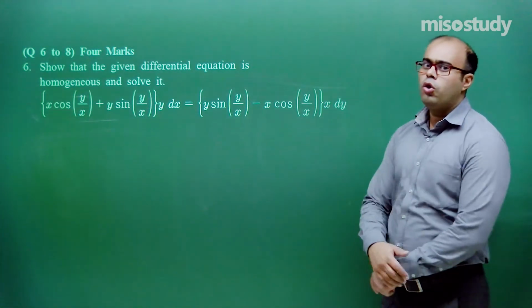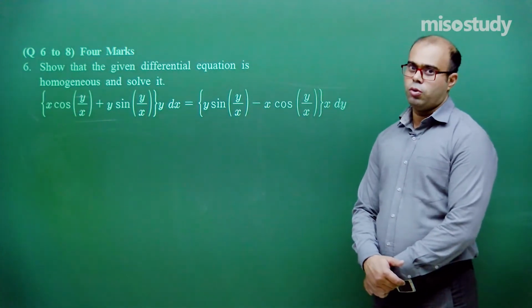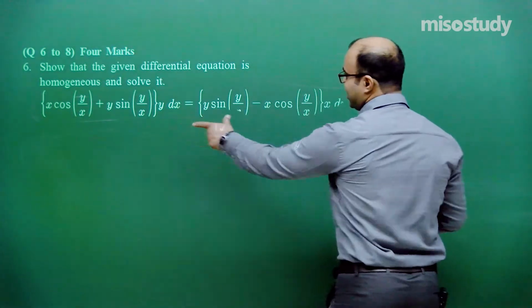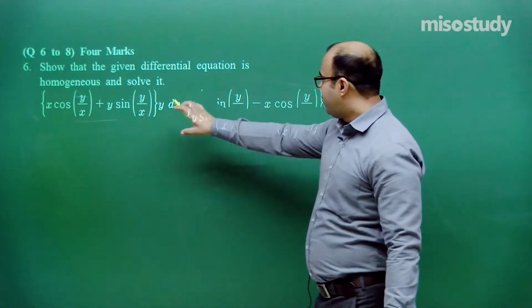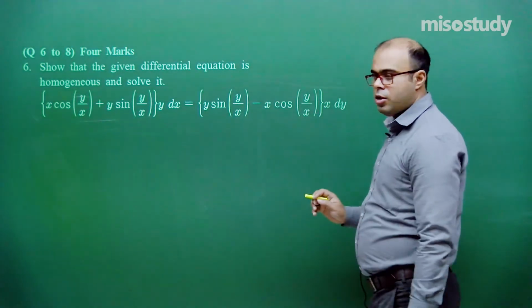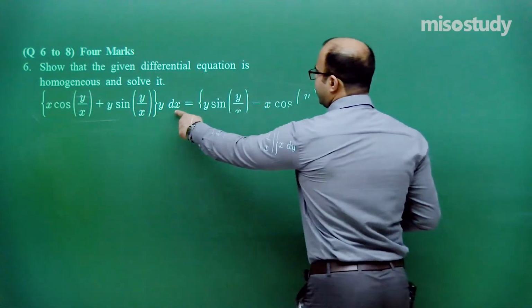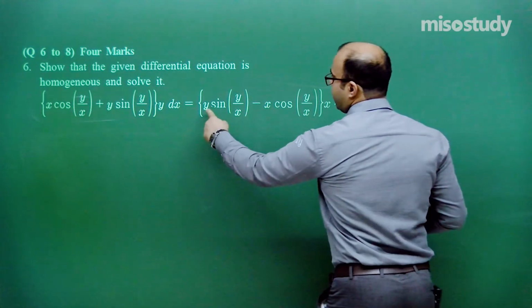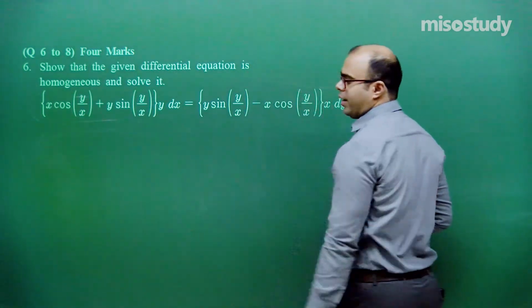How do we show that the differential equation is homogeneous? First we will write it in the form dy by dx. This is the differential equation, a very long one. So this dx will go in the denominator and this whole term will go in the denominator of the left hand side.